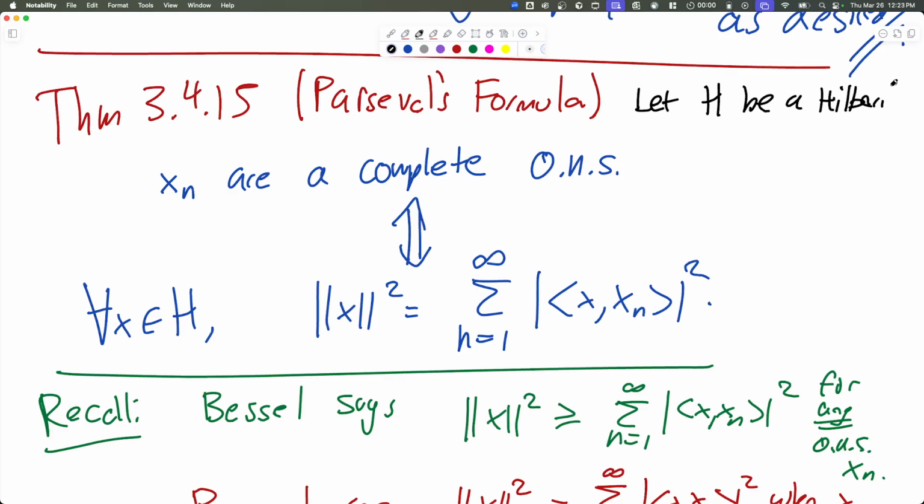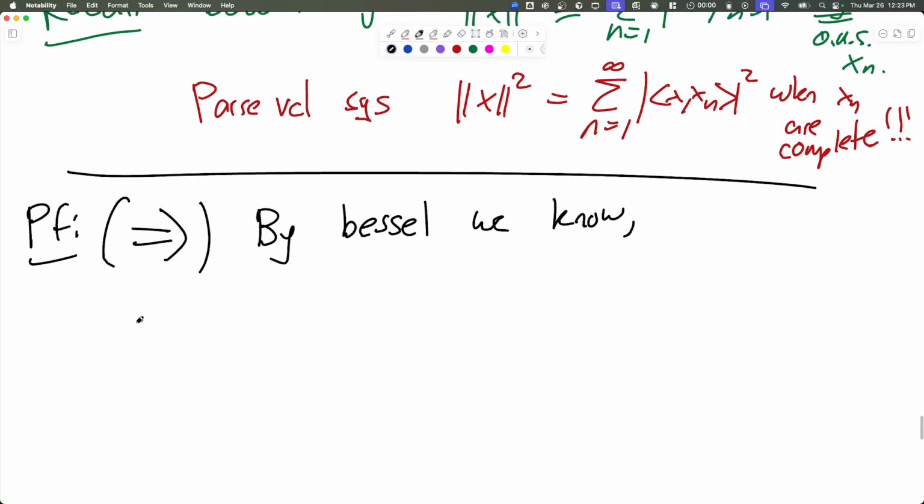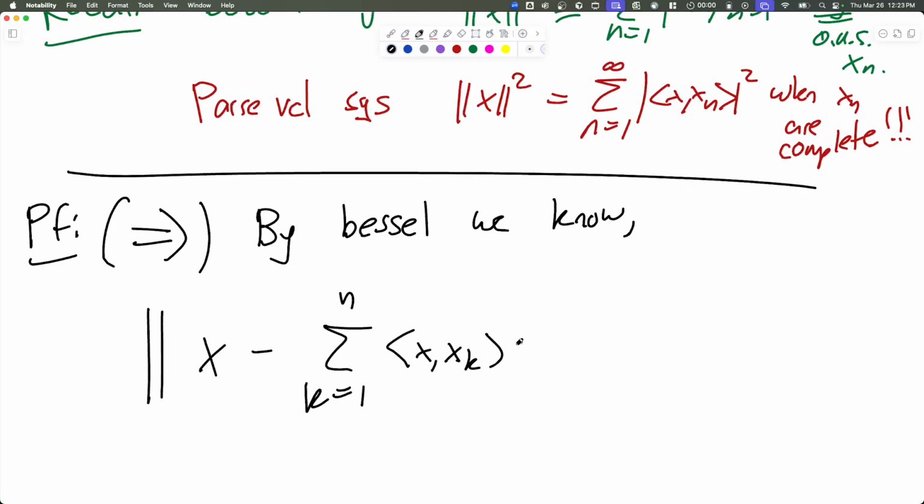We're constantly using this theorem that says if you have these infinite sums, they converge to something, right? Let H be a Hilbert space. Okay, so by Bessel, we know that the difference x minus the sum of the first n of xk, squared, equals this difference.